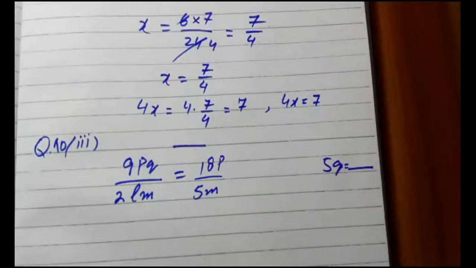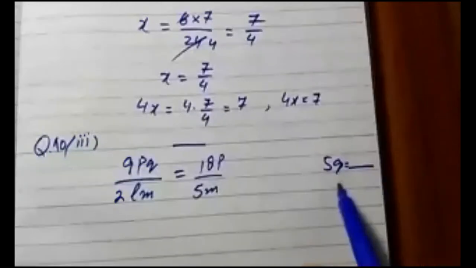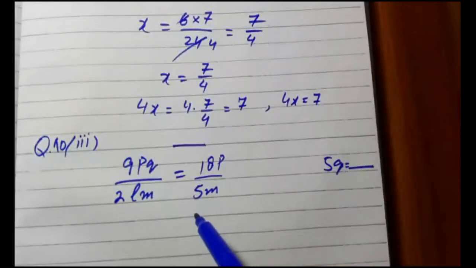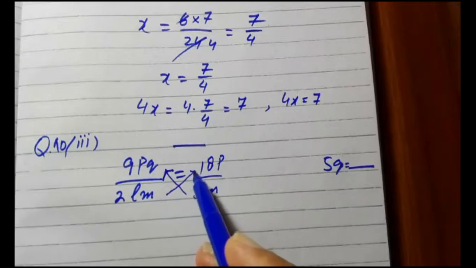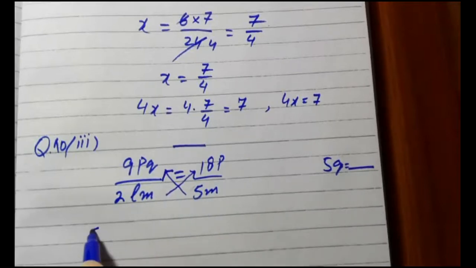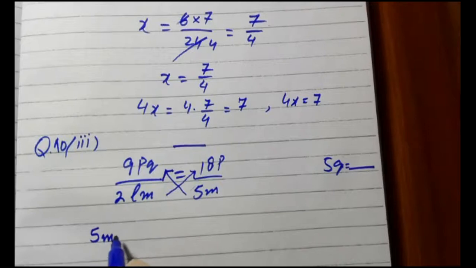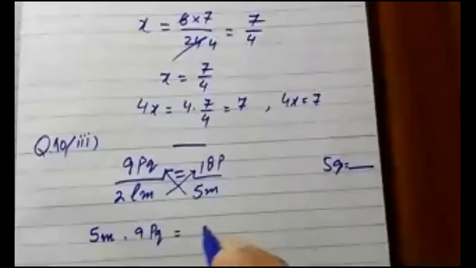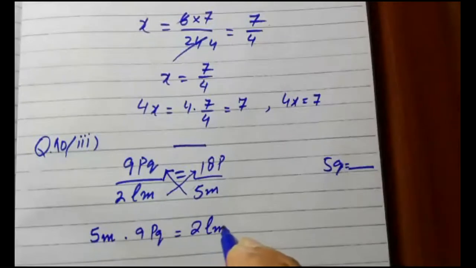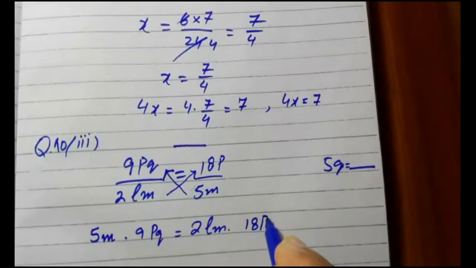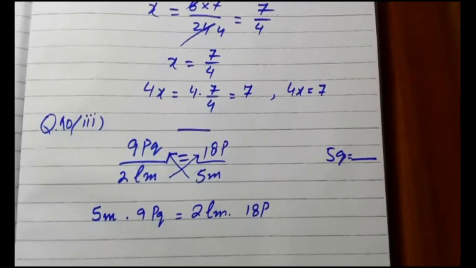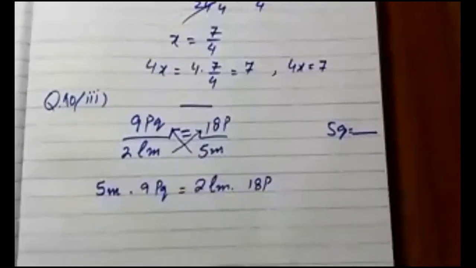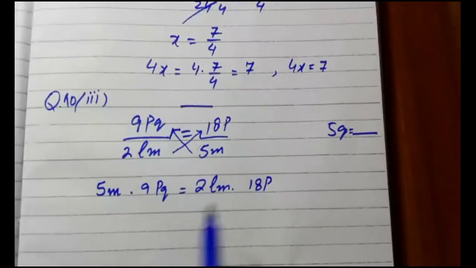Now your task is that you have to separate 5q. So you should go for the cross multiplication in the very first step. Better you write 5m dot 9pq equals 2lm dot 18p. And then you will simplify because you want to keep q on one side.